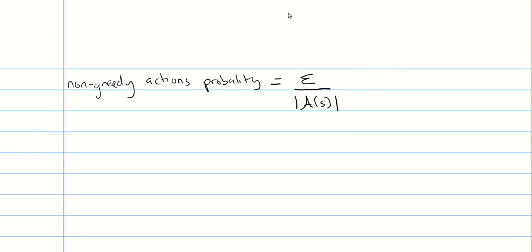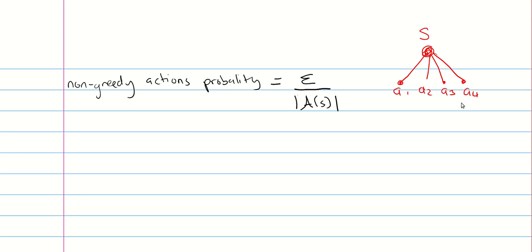Let me give you a short example. Let's say we're in a particular state, state S, and we can take action 1 or action 2 or action 3, or we can take action 4.